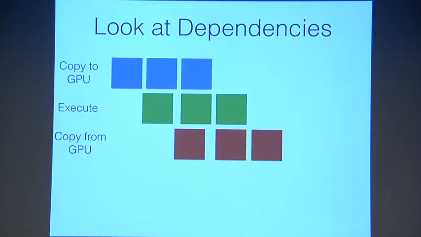If the other way is so much more efficient to do overlap, why isn't that the default? Why not do this all the time? Because it's complicated. You have to be explicit about what your dependencies are. And so it just makes it harder to use. And in many cases it's not necessary.